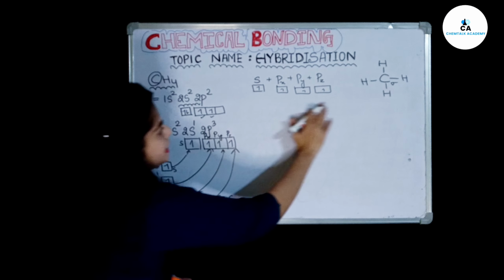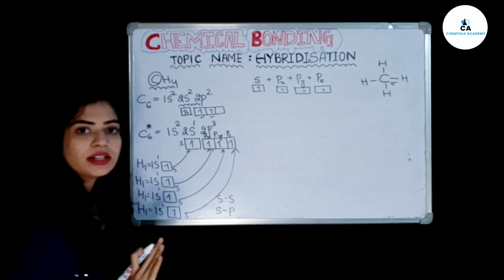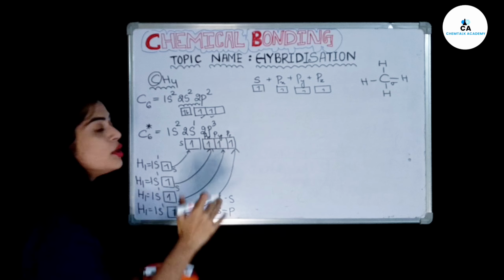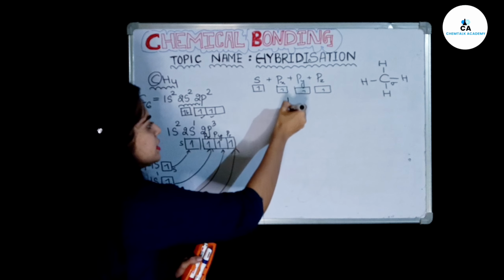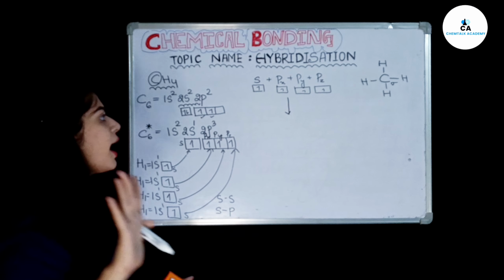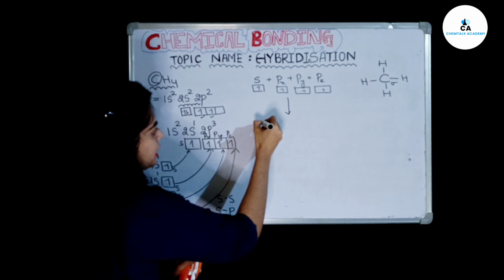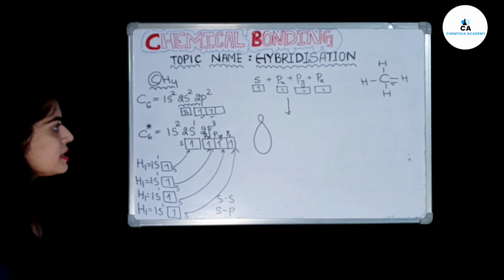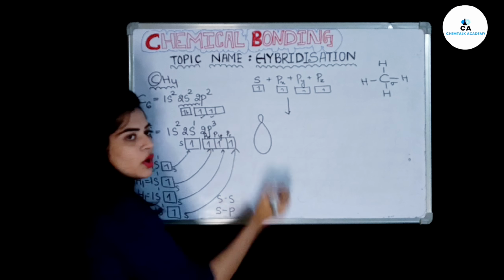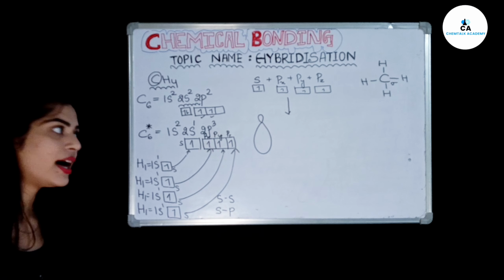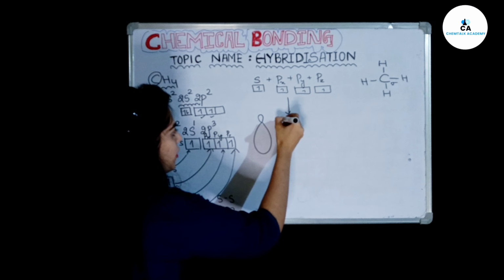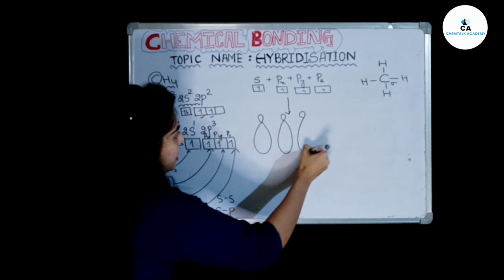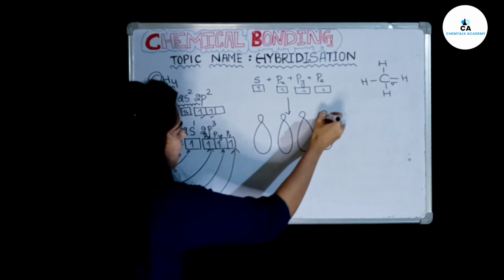Here, when we intermix, how many atomic orbitals have we intermixed? 1 S and 3 P orbitals. So as a result we will get 4 hybrid orbitals. The shape of the hybrid orbital is like this: one is a smaller lobe and the other is a larger lobe, smaller, larger, smaller, larger.